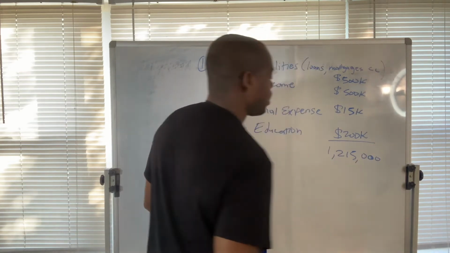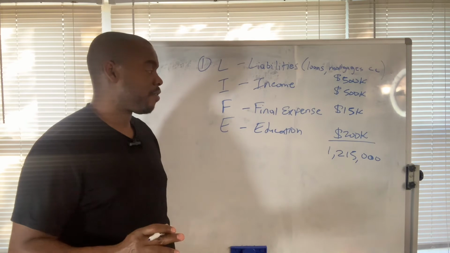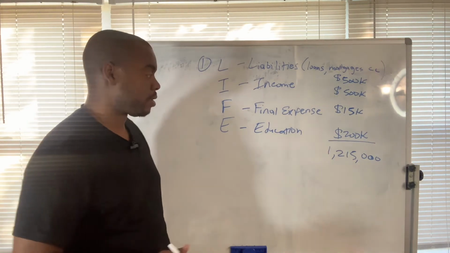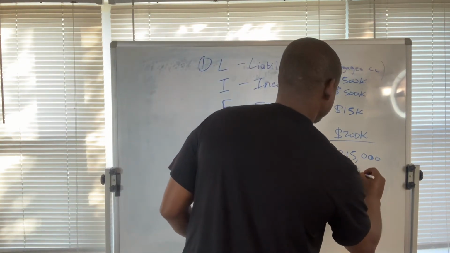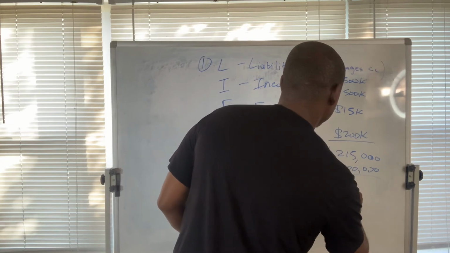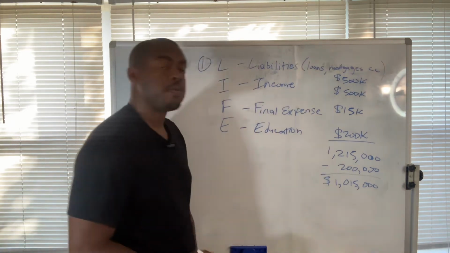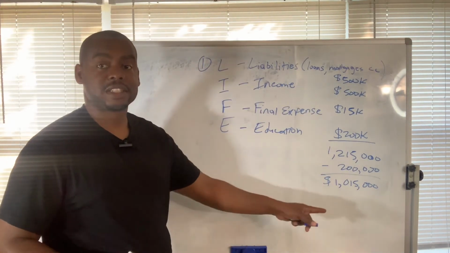Okay. Let's say you have 200,000 in assets. Okay. So you subtract your 200,000, and your need for insurance will be 1,015,000.